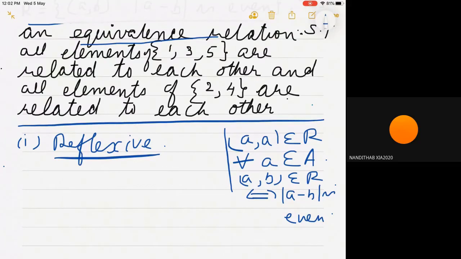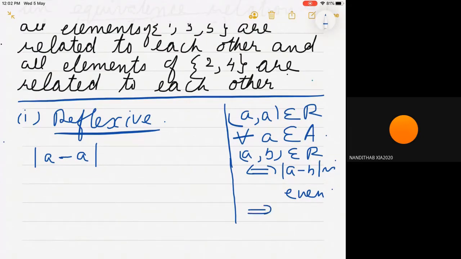So we can first write what is modulus of a minus a. And before that, children, a minus b is even means you can also convert this to modulus of a minus b equal to 2 times lambda.